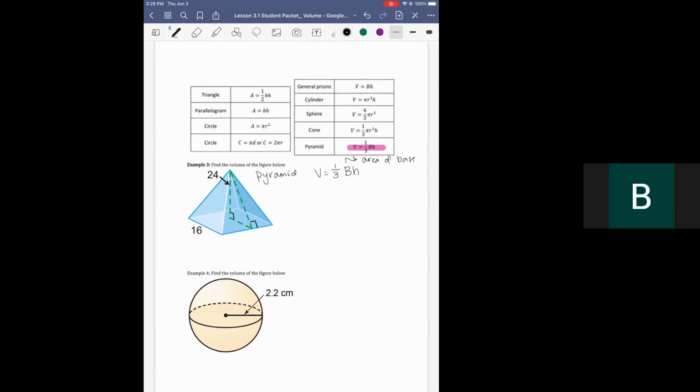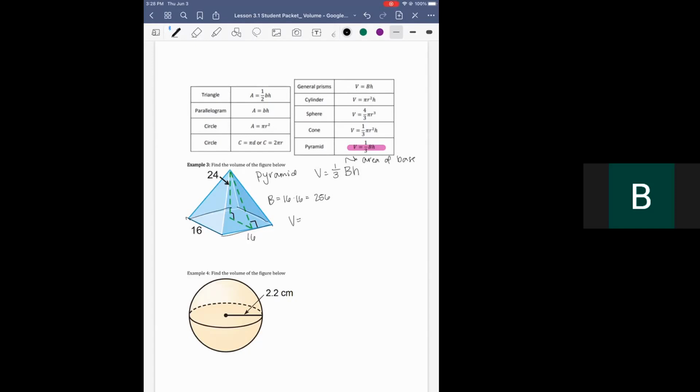So in this case, our base is a square. I'm going to find the area of this square, which is just 16 times 16. So 256. Probably double check myself. Yep.